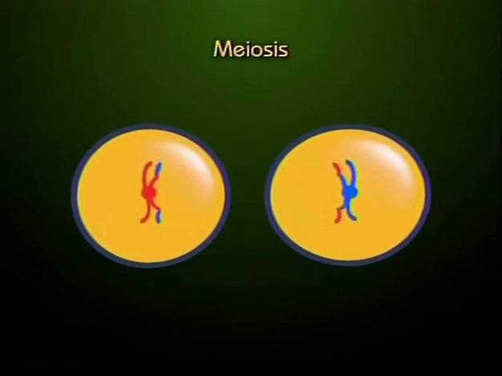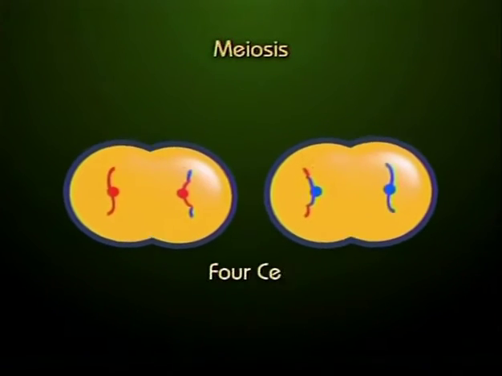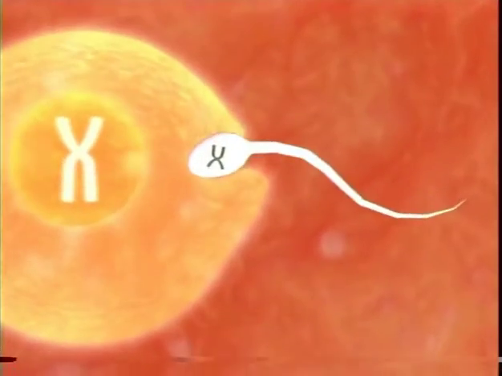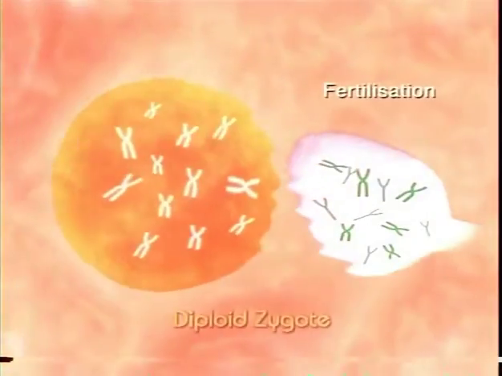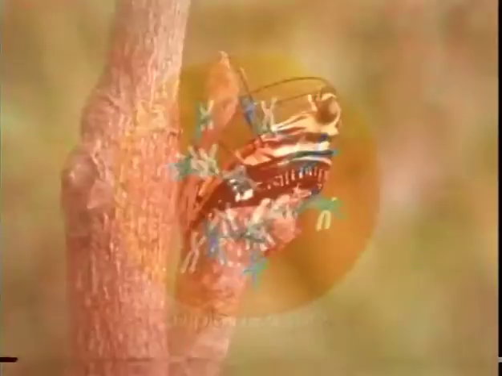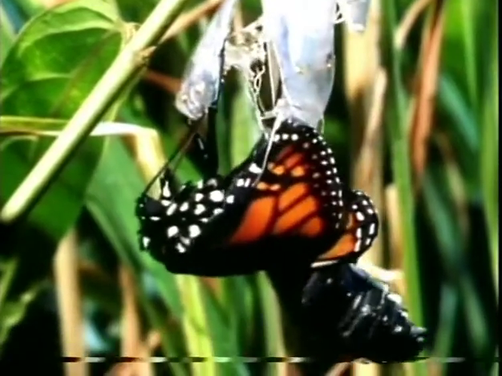It is this division which results in the production of 4 cells, each of which may slightly vary from each other. In sexual reproduction, a male gamete fuses with a female gamete to form a diploid zygote. This zygote then grows and develops to form a new organism in the due course of time. So let us begin our study of sexual reproduction in flowering plants.